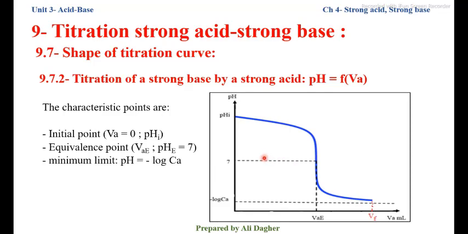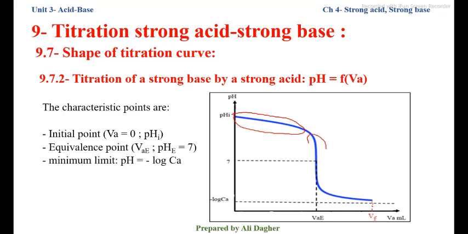The shape of the curve is as follows. The curve is descending. It is formed of three parts. First part, the pH decreases slowly and the curve forms a flat line.